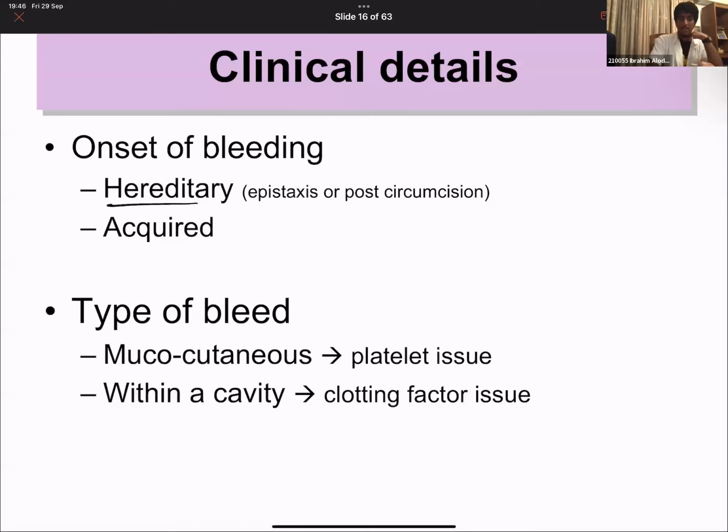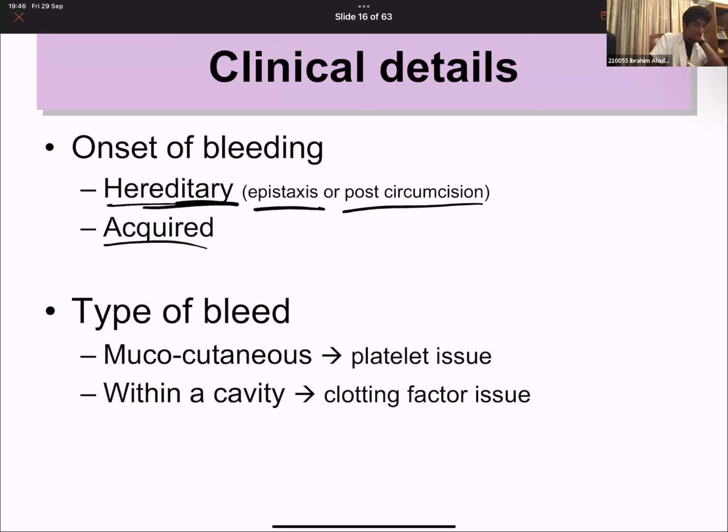Okay. So you need to know the onset of bleeding. So hereditary is like, was it inherited? So common presentations of an inherited bleeding disorder would be epistaxis, which is nosebleed, or prolonged post-circumcision bleeding, or a bleeding disorder could be acquired, which just means that you get it at some point in your life. Things happen. Now, for the types of bleed, this is like a little life hack.